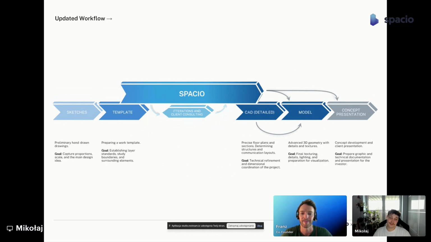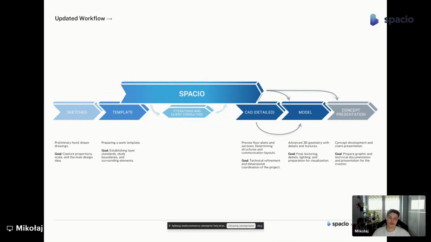So it's very easy to create many variants and to interactively talk with the client. You can share the screen with them, and you can apply changes as you speak. After you have everything outlined, you can then go to the detailed CAD phase, where you have all your dimensions, iterations, and consulting done.